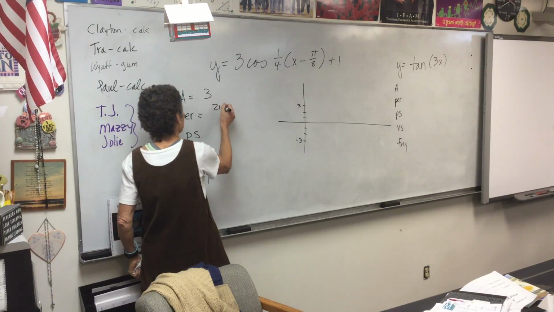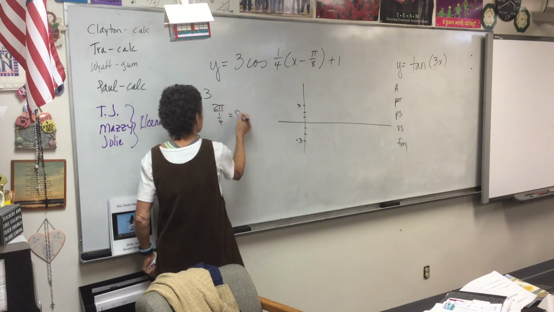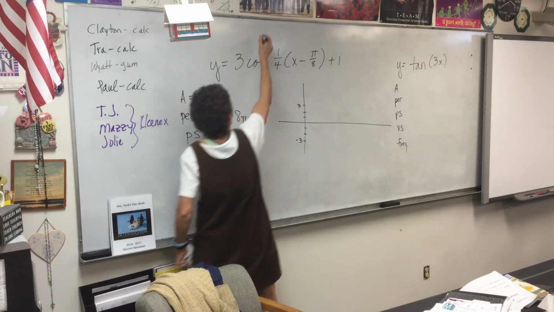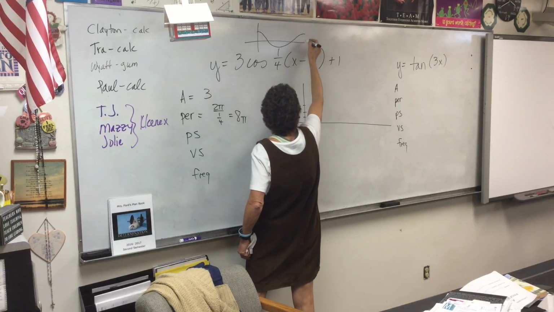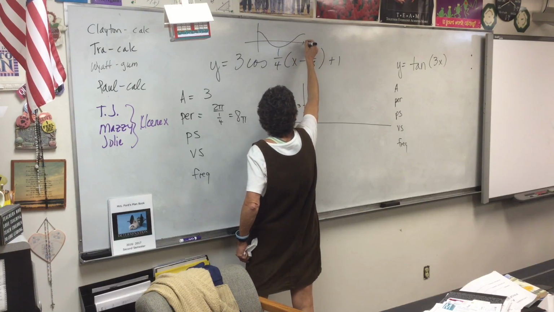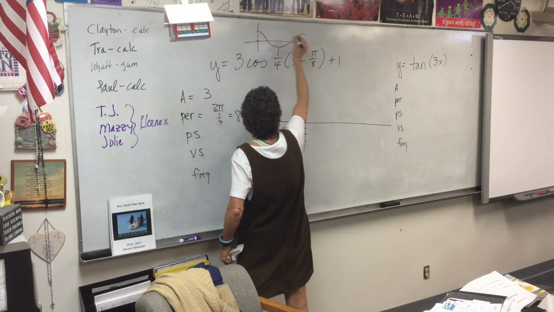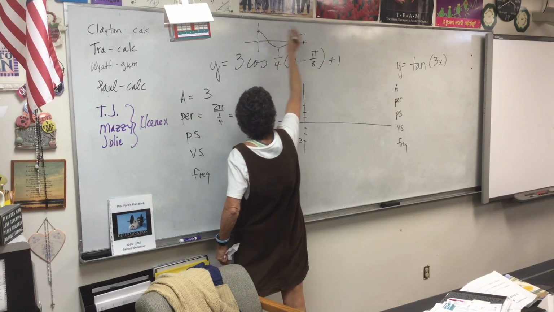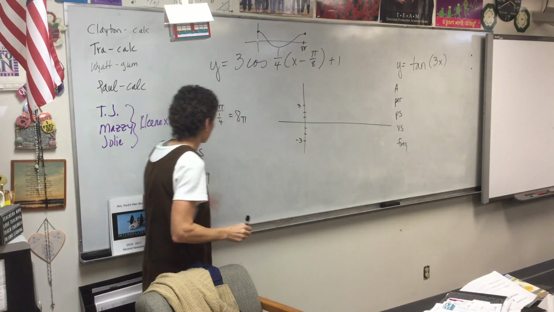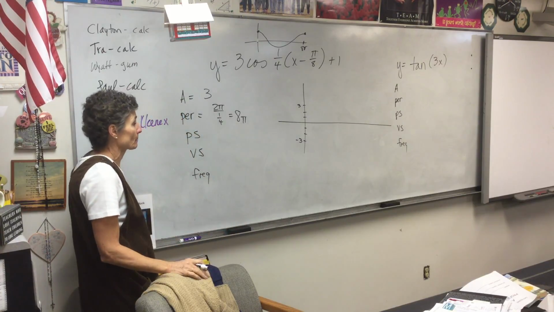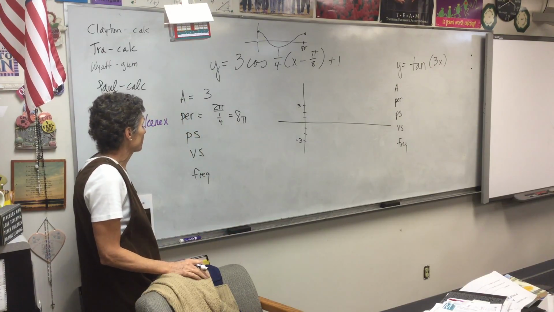The period is 2 pi divided by a fourth, which is indeed 8 pi, which means that when I sketch this, it's a cosine, so it looks like this. From beginning to end is 8 pi for this particular curve. What else can you tell me?